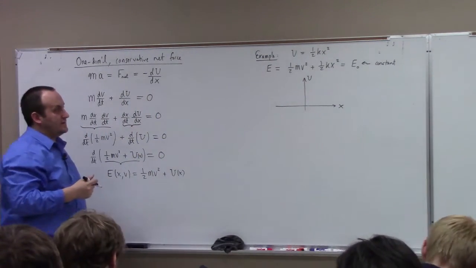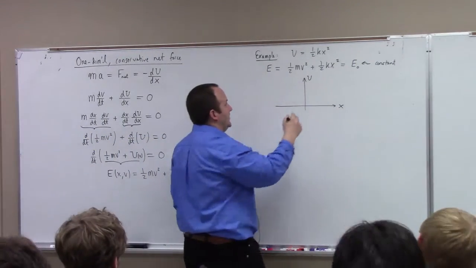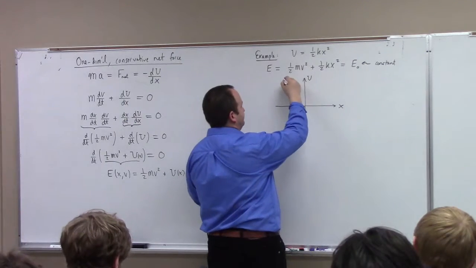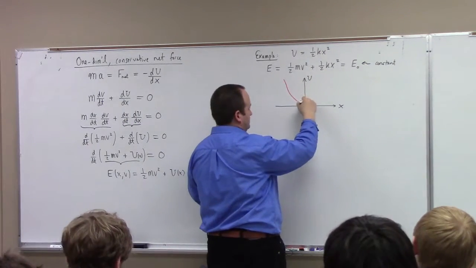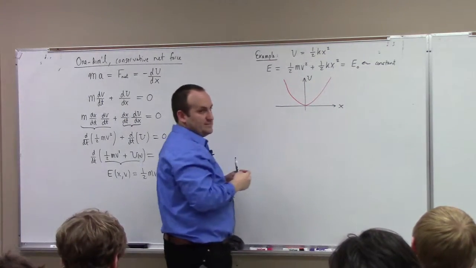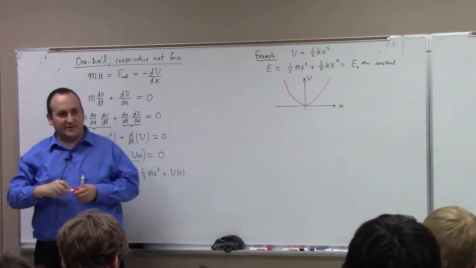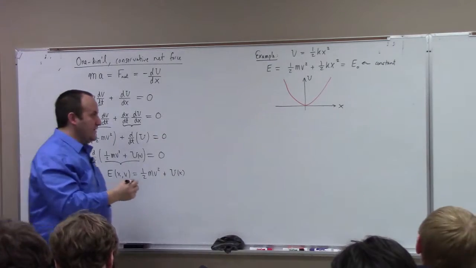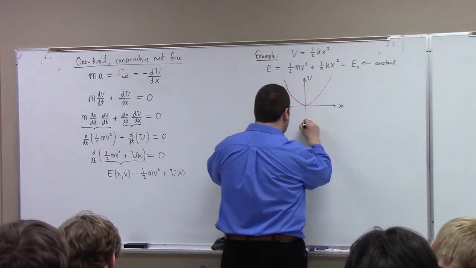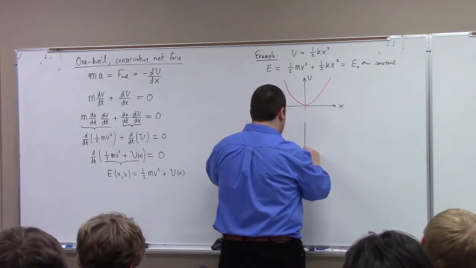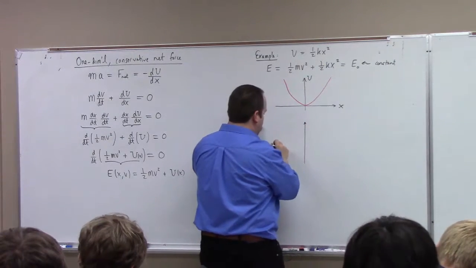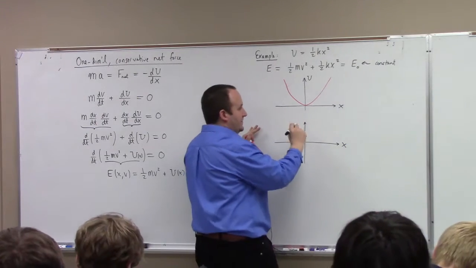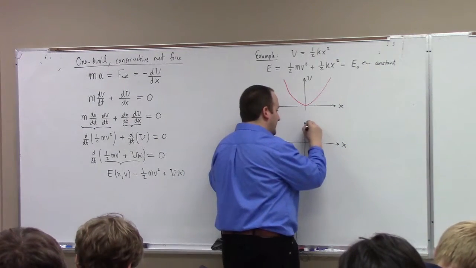What's it look like? 1/2 kx squared is just that, right? Not drawn too greatly, but qualitatively, this is what it looks like, right? Now, if I go right under it and draw another graph, x, and this time the vertical direction is not going to be energy anymore. It's going to be velocity.